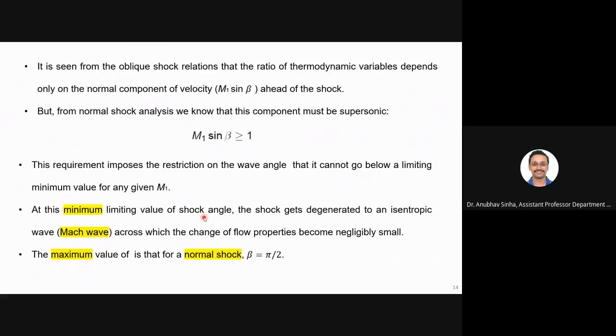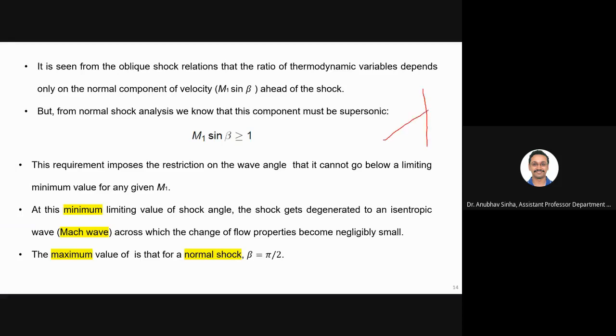Okay, now in the last two slides, what we see is that oblique shock relations depend only on the component of velocity. Basically, they are only concerned with the normal component, M1 sine beta. If I am assuming that it is a normal shock, then this component has to be more than one, right? Then only it is a supersonic flow. Let us say this is an oblique shock.